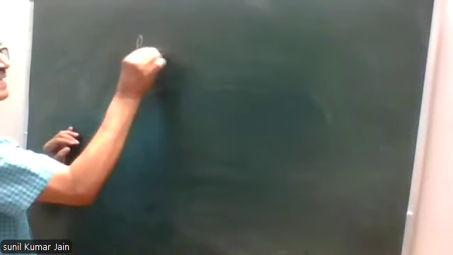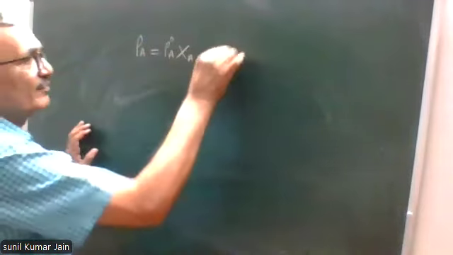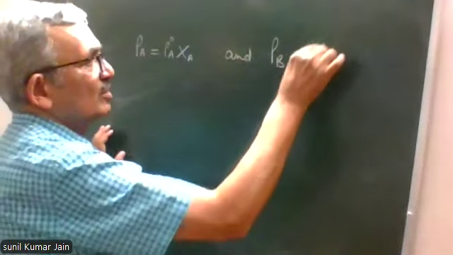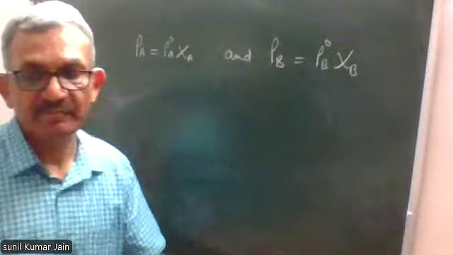That is, now copy from the board, that is PA is equal to P naught A chi A and PB is equal to P naught B chi B.